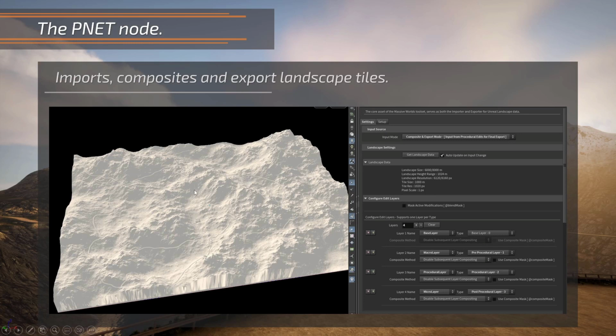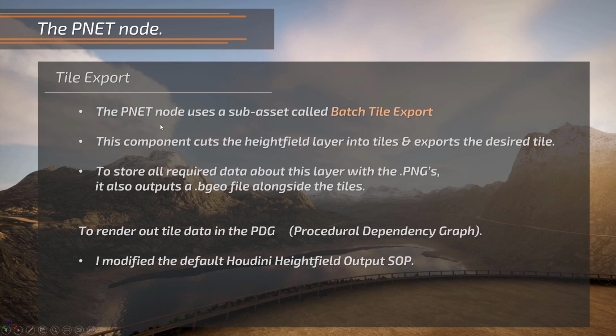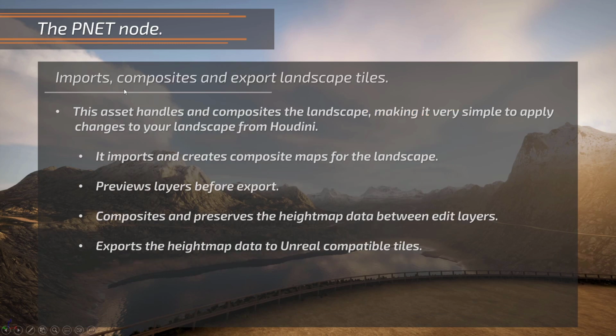Alright, so next, let's have a quick look at the PNet node, the process and export node. This node is basically the node that allows us to bring all the data that we exported from Unreal into Houdini. It handles compositing for the landscape as well, for the different layers and whatever changes we make to it.